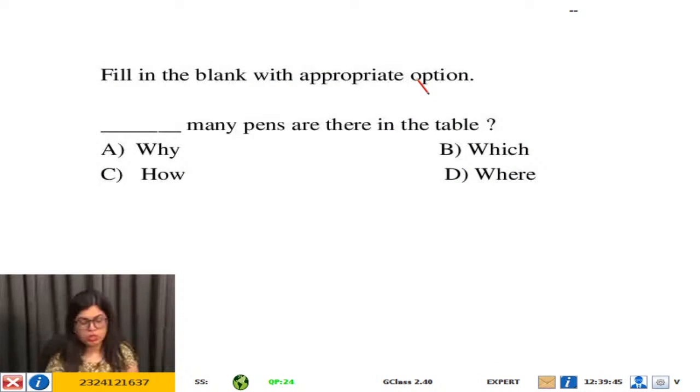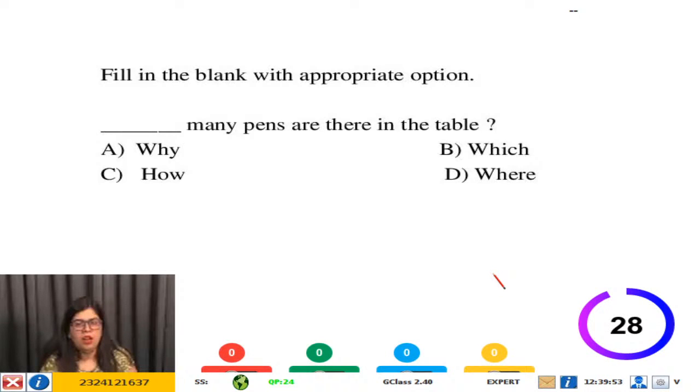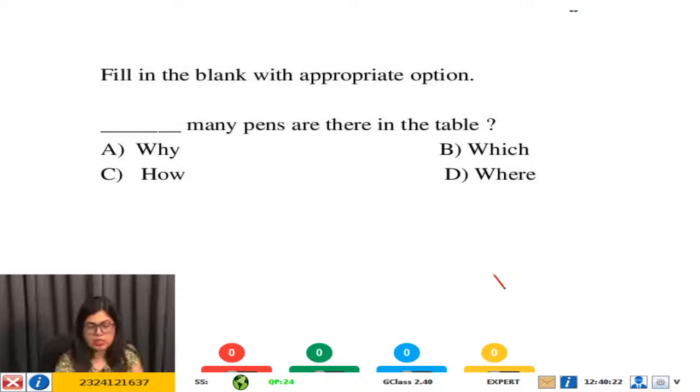I'm giving you all 30 seconds to answer this question. Okay, students, your time is up and the correct answer here is option C, that is how.